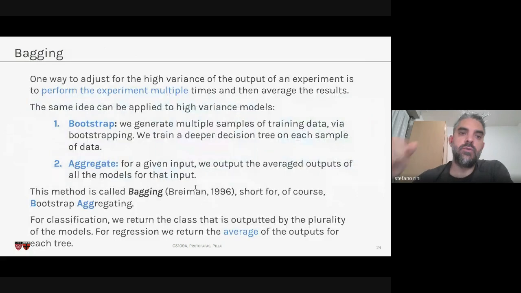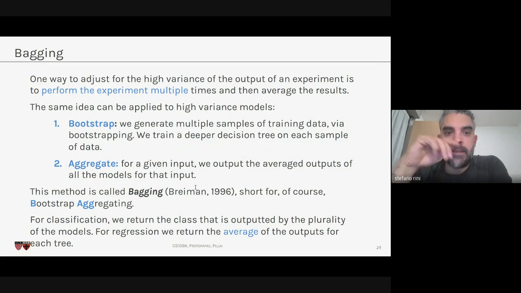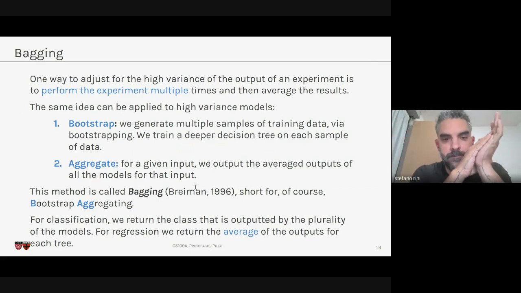Okay, so we can do this, of course. There is no particular problem because the trees are very efficient. So we could train 100 trees in the time that it takes us to train a DNN. And we use bootstrapping, right? So we have a whole data set. We do different validation versus test splits, and then we train the models.